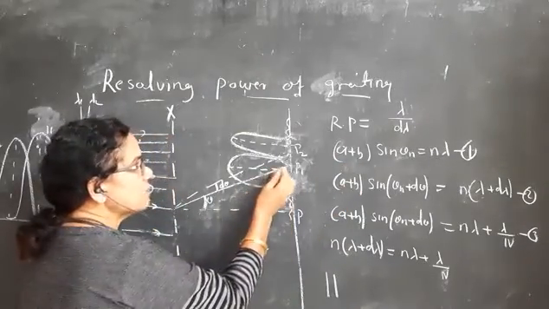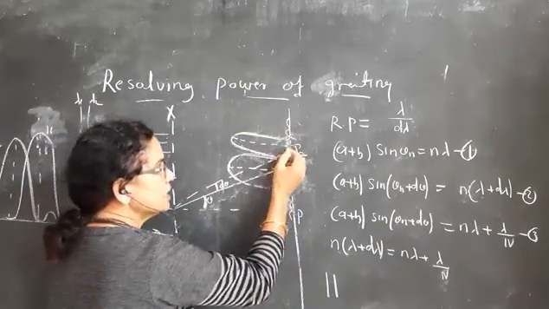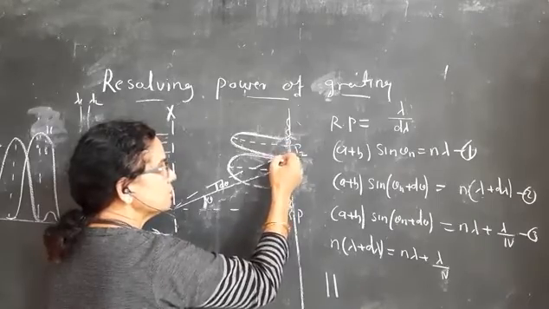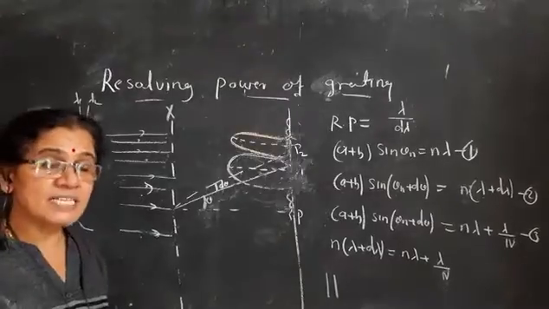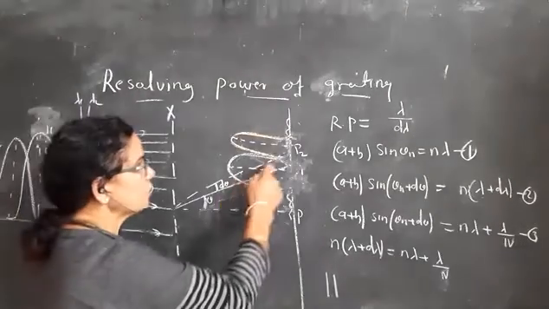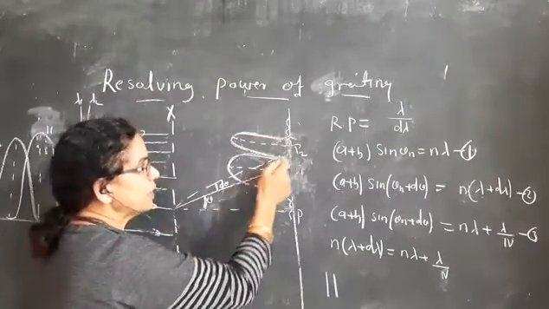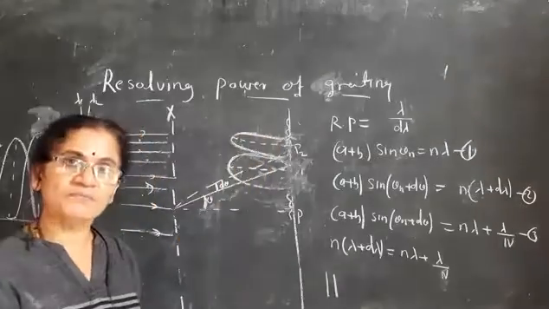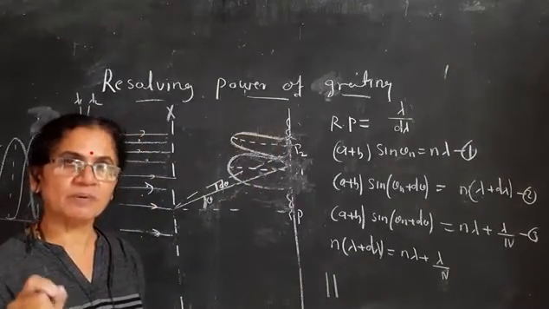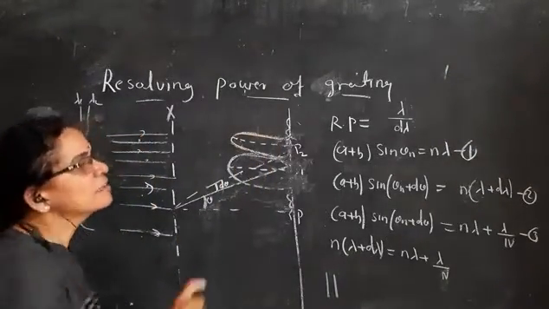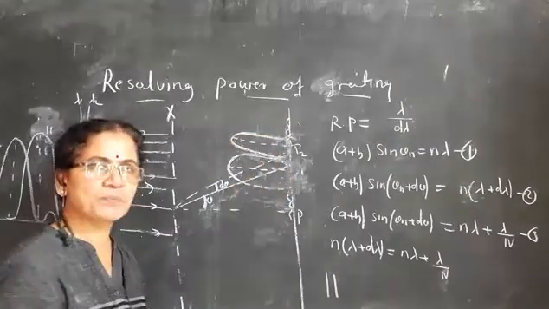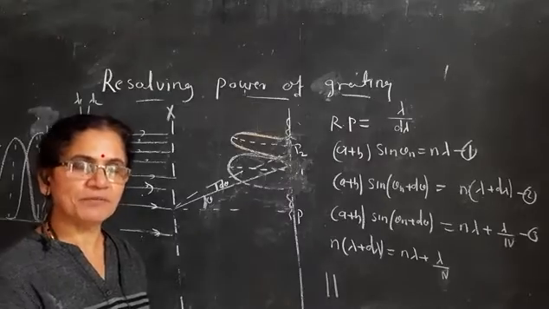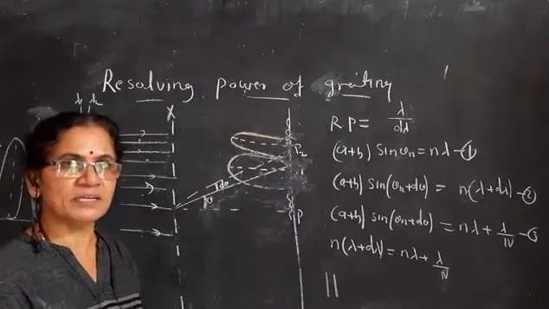Now, see, the maxima of the second one is falling exactly on the minima of the first, both coincide. This is possible because the minima of the first one will come here, where there is a maxima of the second one. This is very important: this is possible if a path difference of lambda by N is introduced. Is it clear to you? Path difference of lambda by N is introduced.